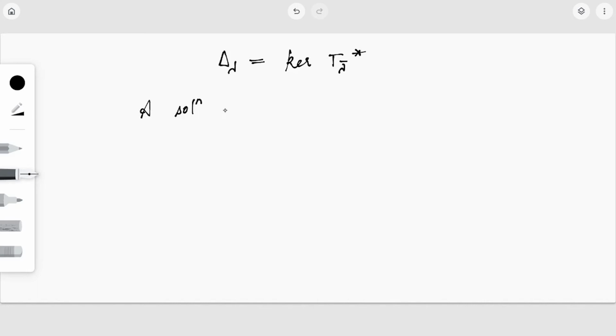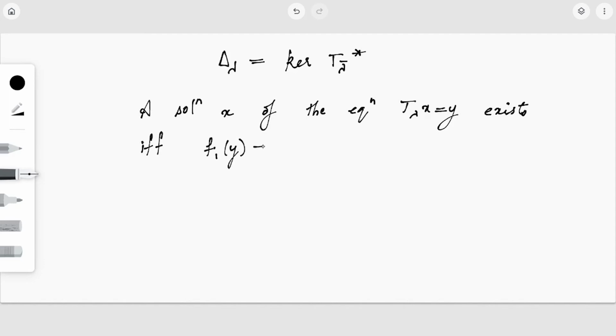Keep this proposition in mind: a solution x of the equation T lambda x equal to y exists if and only if f_i of y is equal to 0, where i is equal to 1, 2, 3, up to k.